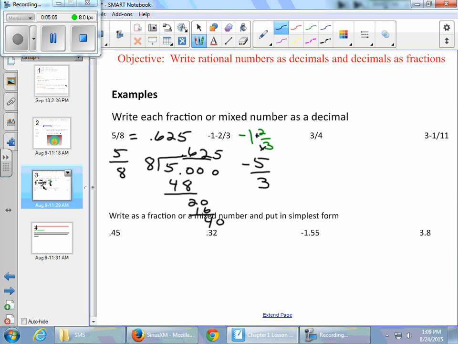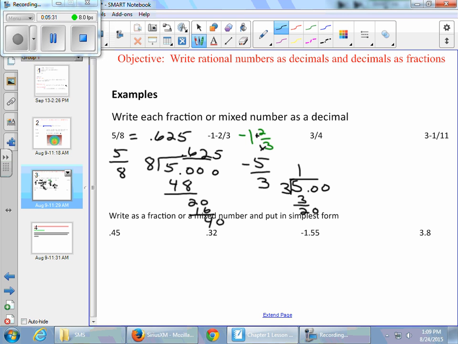Okay, there is our fraction. And now basically we're just going to do what we did on the previous one. We're just going to take 5 divided by 3. Add some zeros in there. 3 goes into 5 one time.